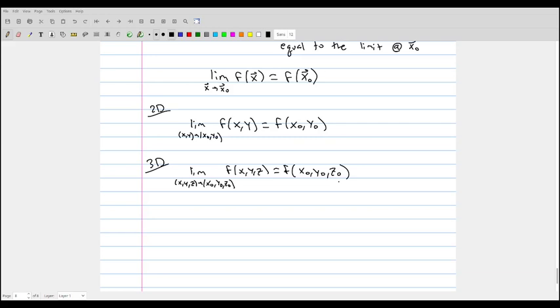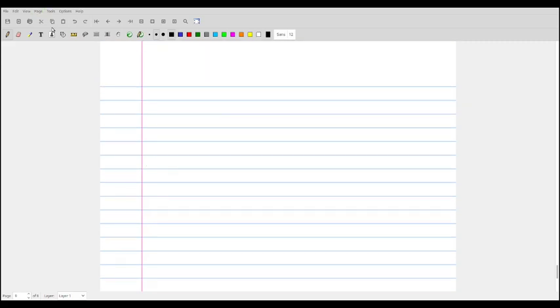So this is a very, very nice concept, and it turns out that we have a final general property that's very nice for the composition of continuous functions, and we'll use this a lot going forward. So first I want to talk about what a composition is for a multivariable function.